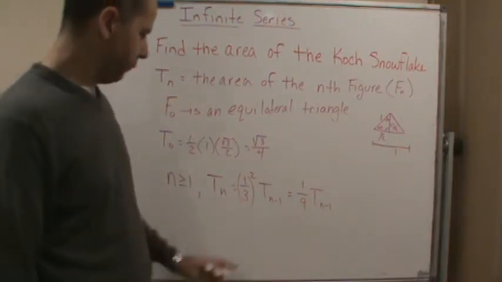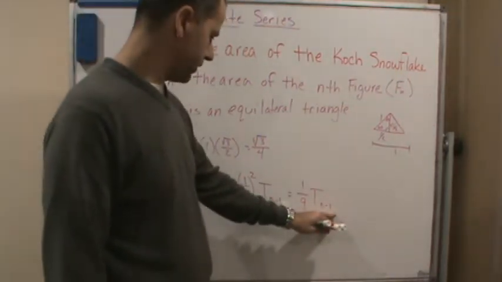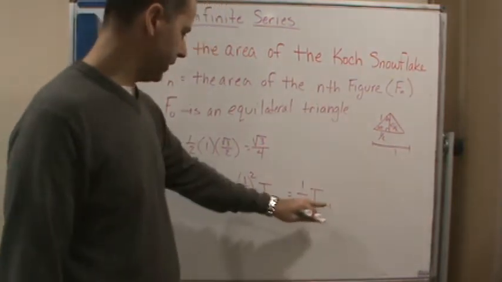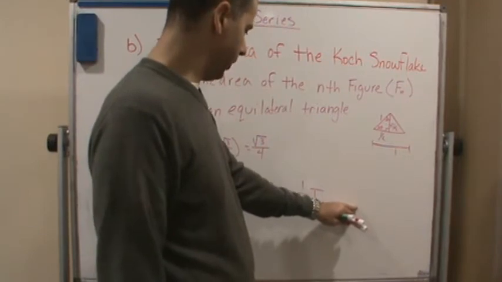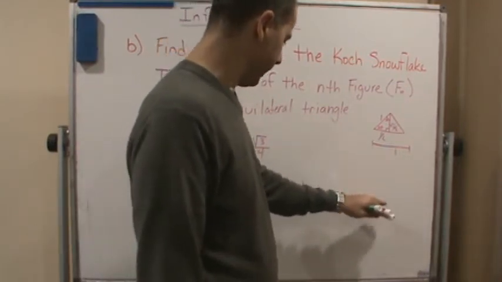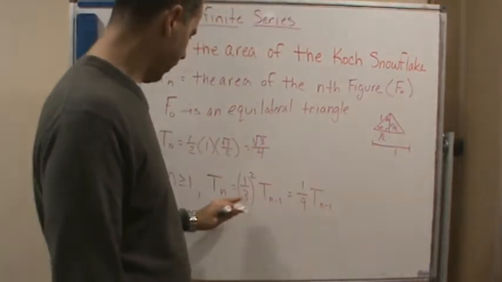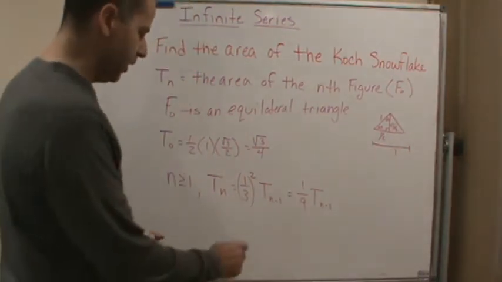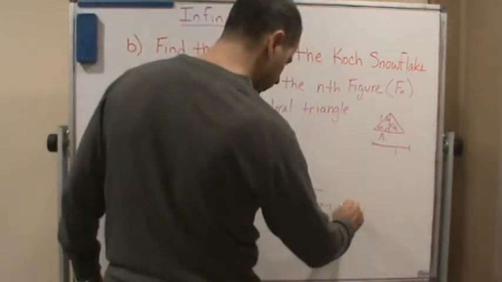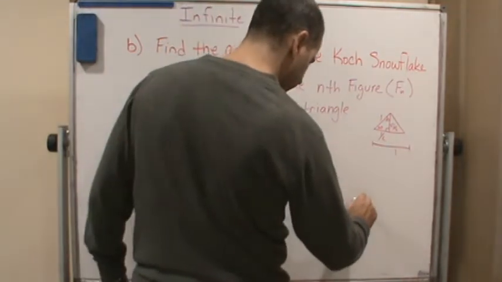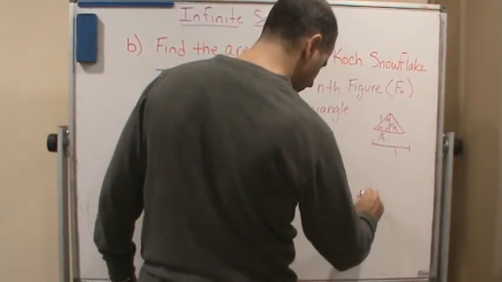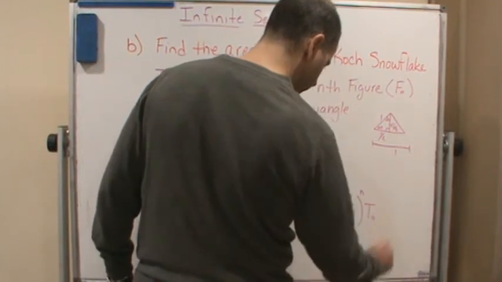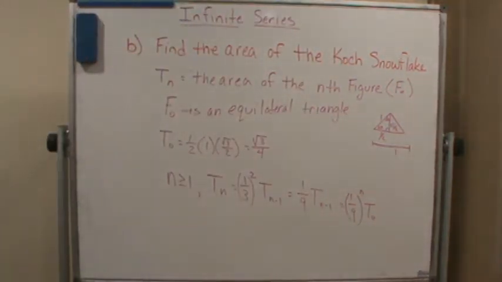And what happens if we keep doing this, if we keep replacing this with what? T sub n is going to be 1/9 of t sub n minus 2, and then t sub n minus 2 is 1/9. And how many times can we do that? Well, we're going to do that n times. So we can rewrite this as 1/9 to the nth power times t sub 0.